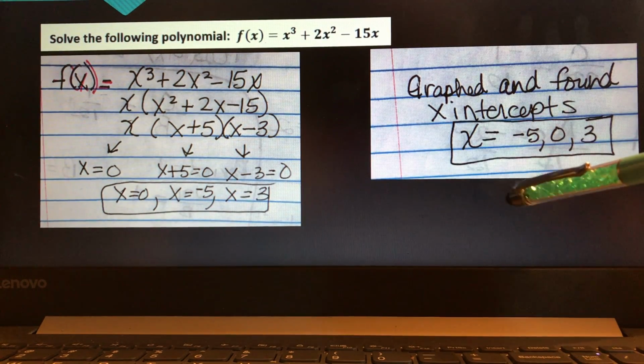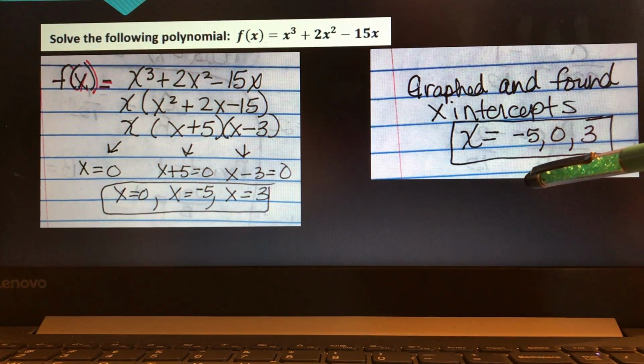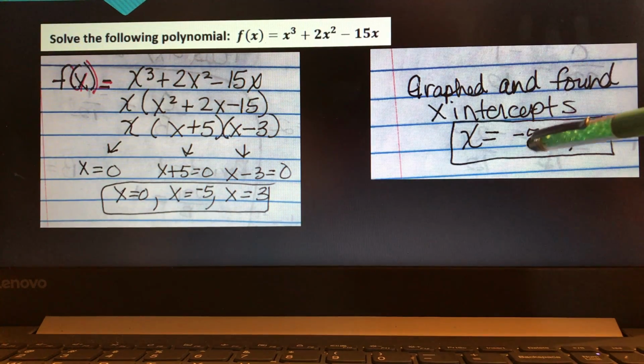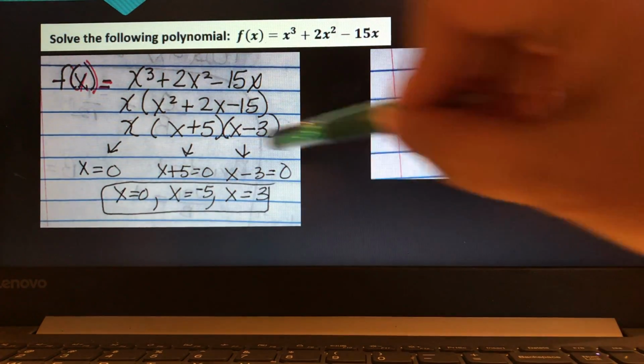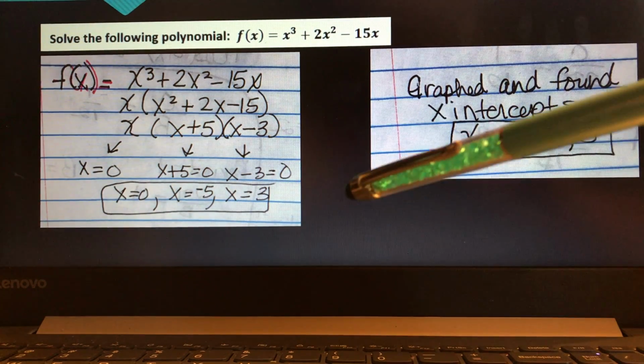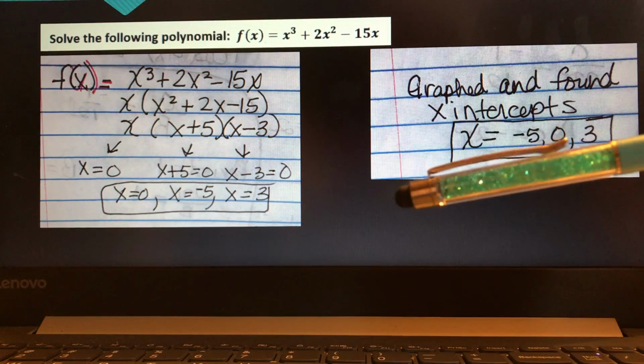Some of you graphed it. You put it into your TI calculators and found that your x-intercepts were -5, 0, and 3. And again, you can see that even though you all approached it differently, you still came up with the same solutions.